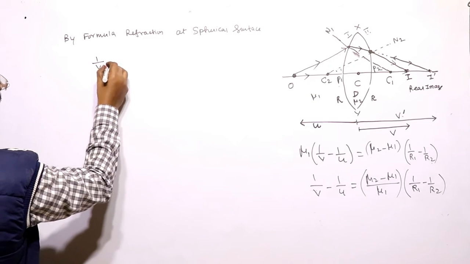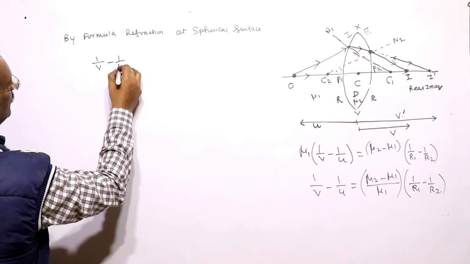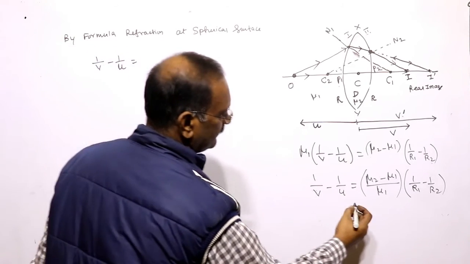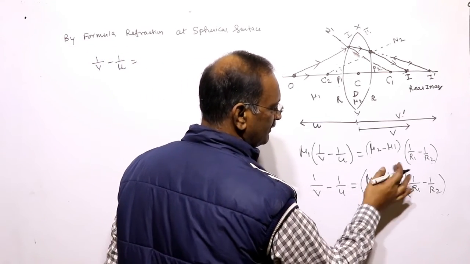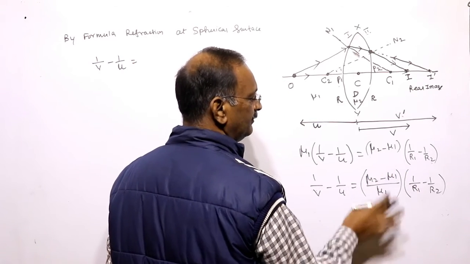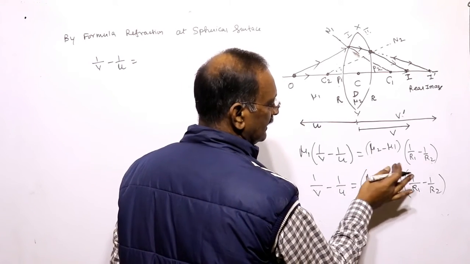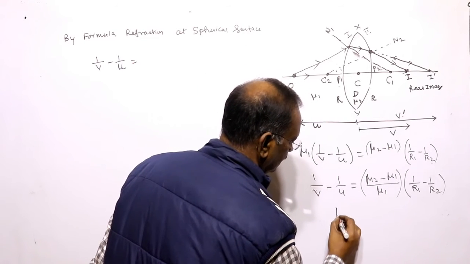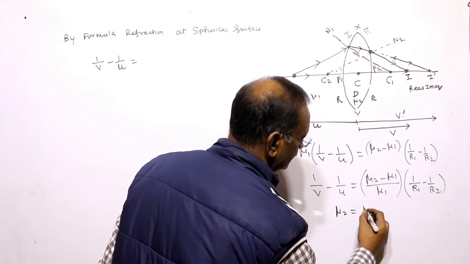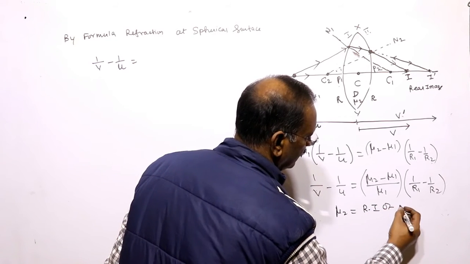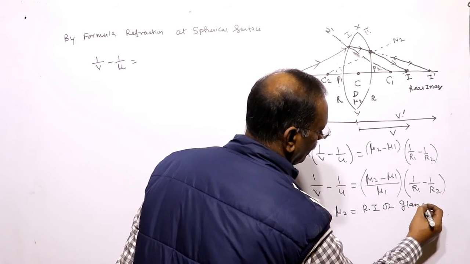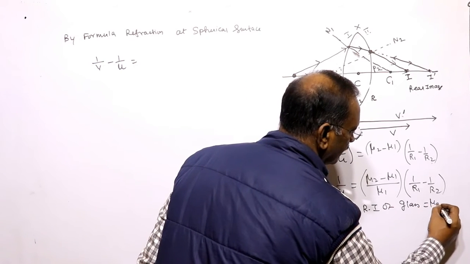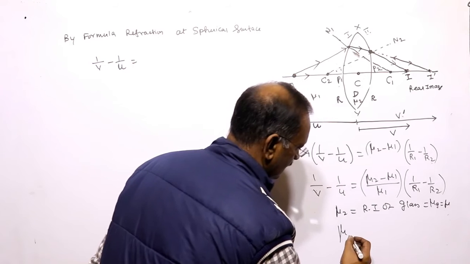1 by V minus 1 by U is equal to mu2 by mu1 minus 1. So this is nothing but the refractive index of the denser medium minus the refractive index of the rarer medium, or the refractive index of glass and the refractive index of air, we can write. So mu2 is the refractive index of glass, which we call mu.